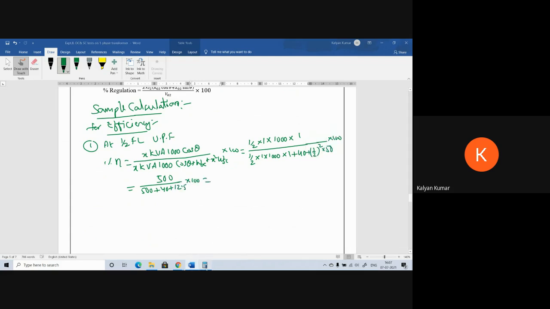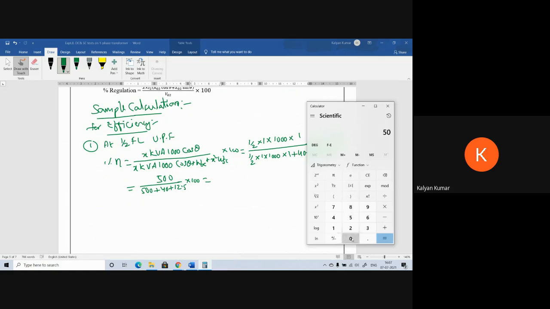So it will be 500 into 100 in the numerator, divided by 500 plus 40 plus 12.5. We are going to get 90.49%.